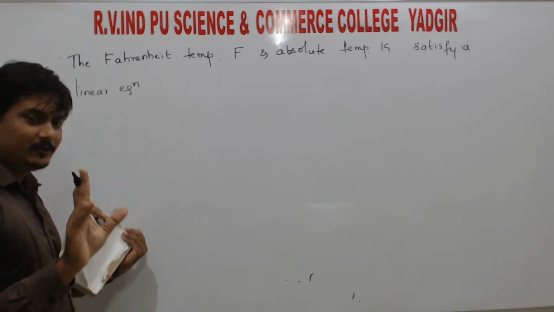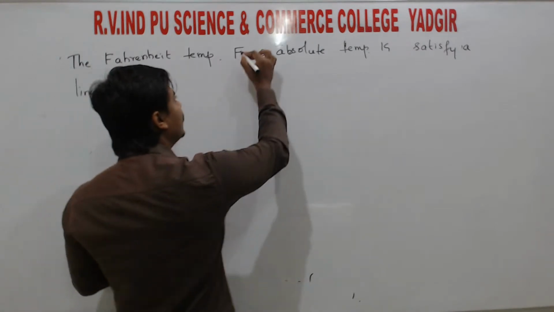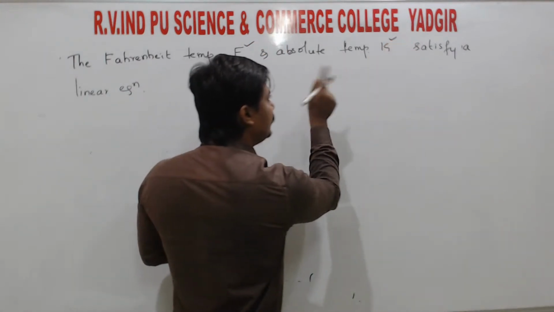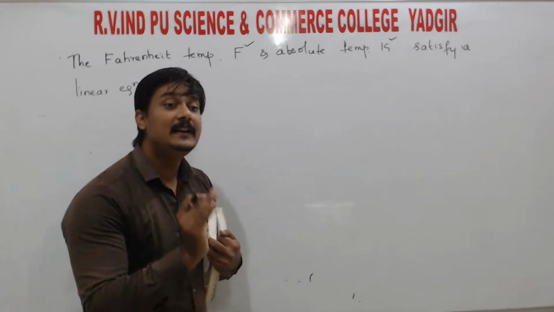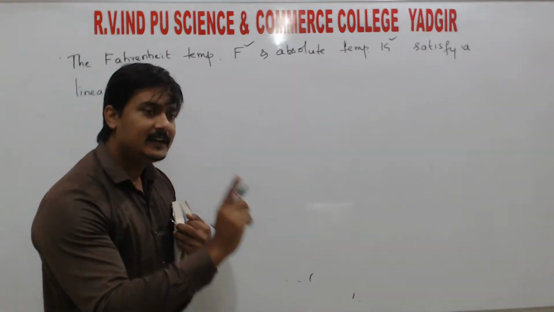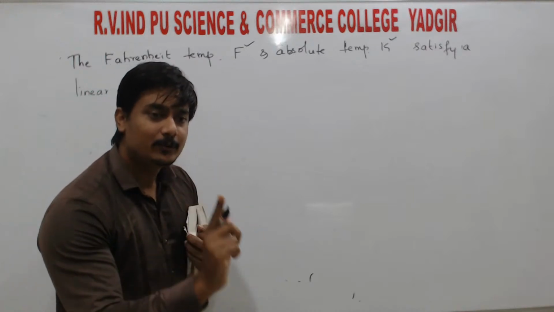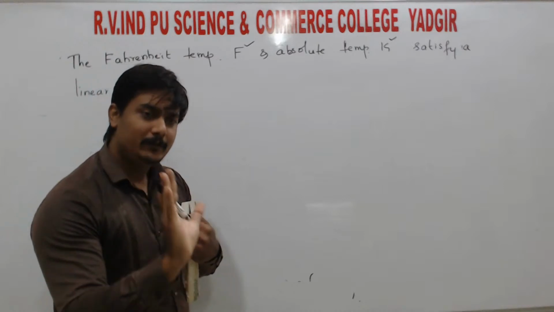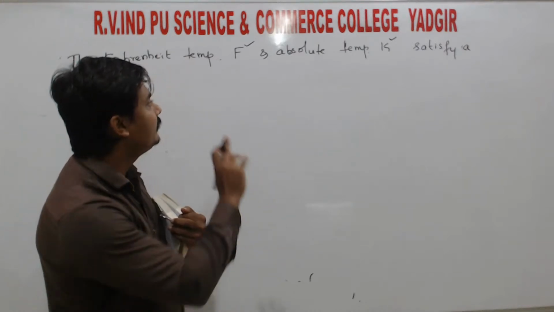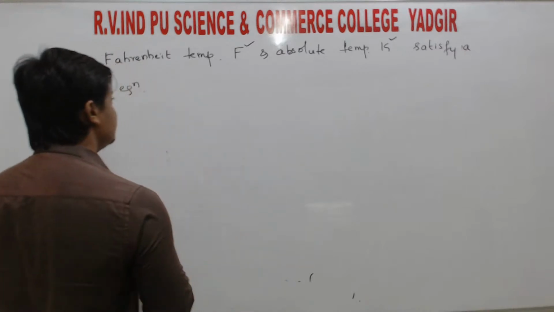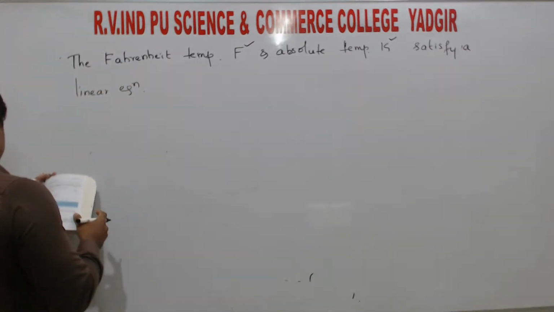Again here, children, two variables are involved. Which are those? One is F and another one is K. So the relation between F and K is what? Linear. It means that the relation between F and K can be represented using a straight line equation. So if you find the straight line equation, that will give you the linear relation between F and K.